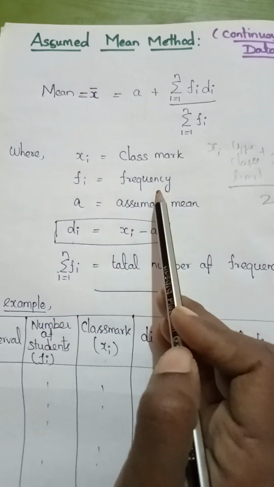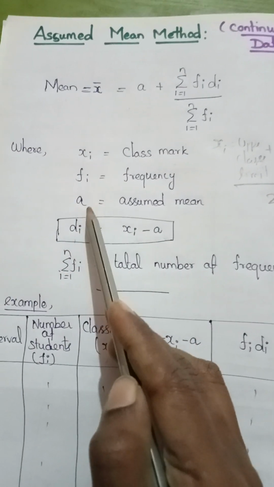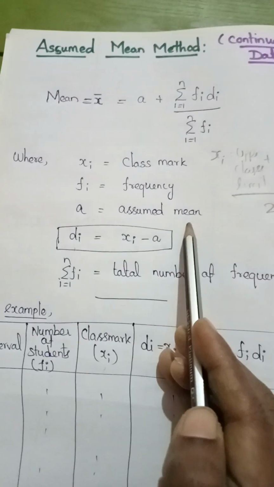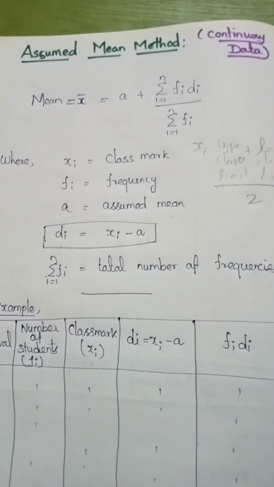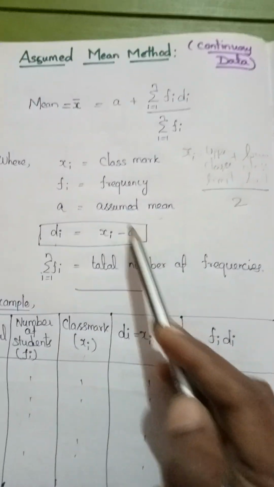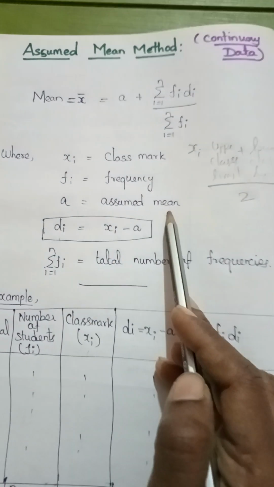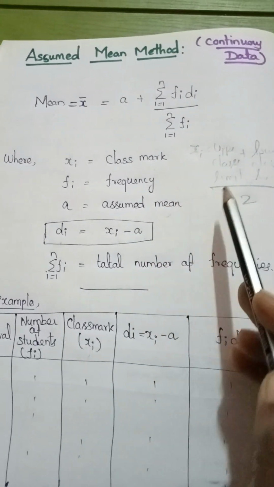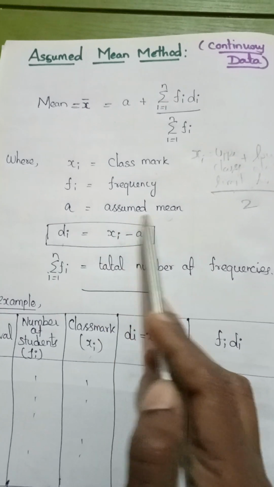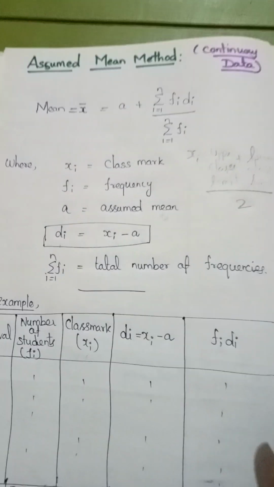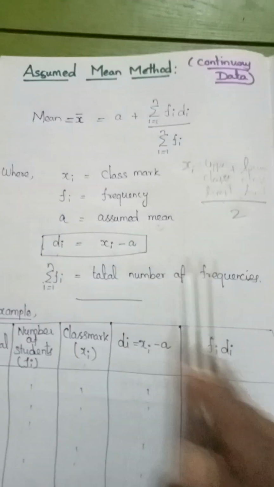Next one, fi is equal to frequency. Next one, small letter a equal to assumed mean. Randomly you can choose any class mark xi value, that is the assumed mean, or center value you can choose.